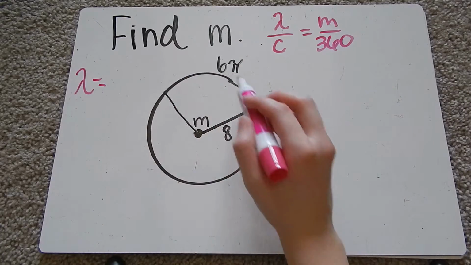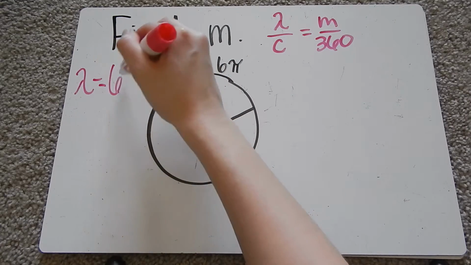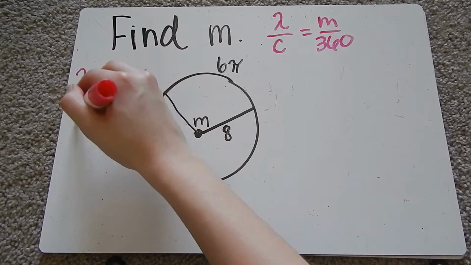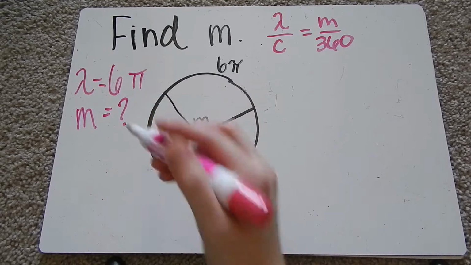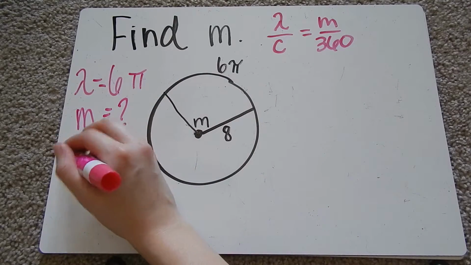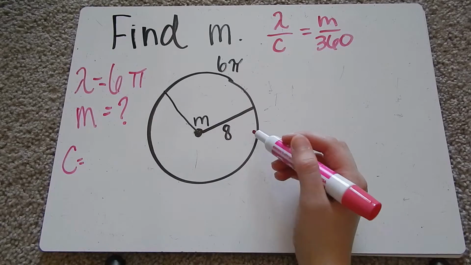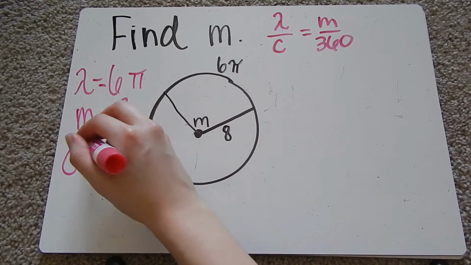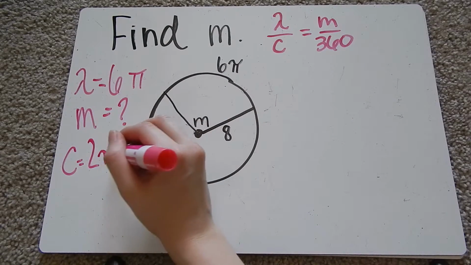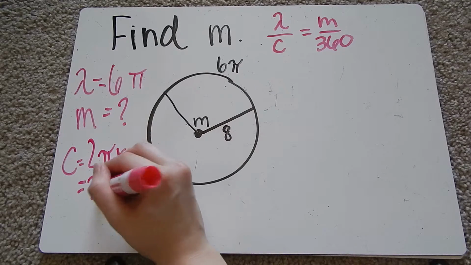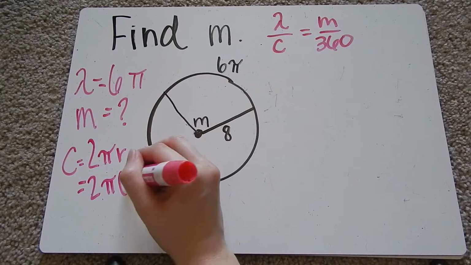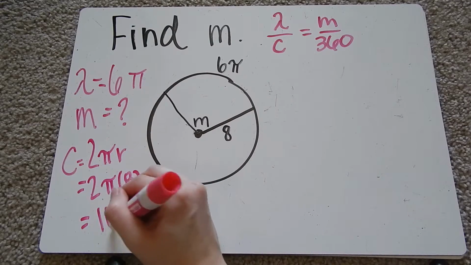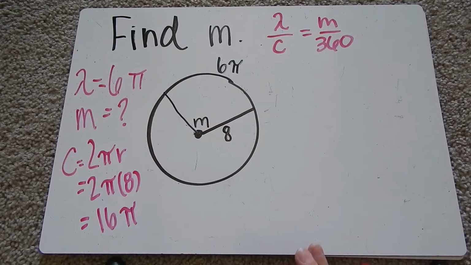That's going to be this here, 6 pi. M is unknown. So that's what I'm looking for. Circumference, again, I'm just given the radius, so circumference is 2 pi r. R is 8, and so my circumference is 16 pi.